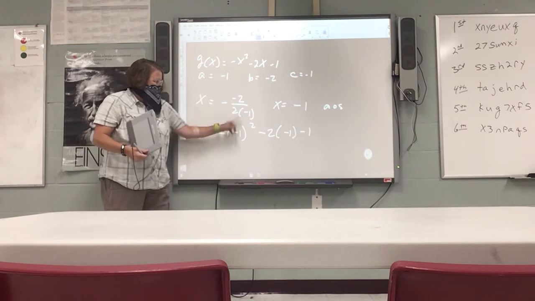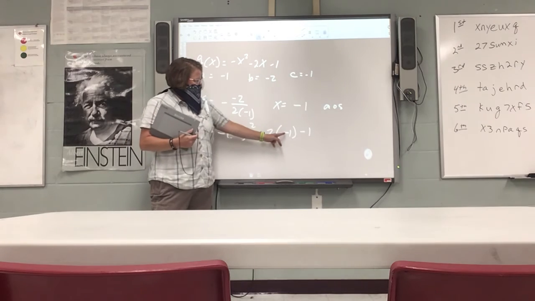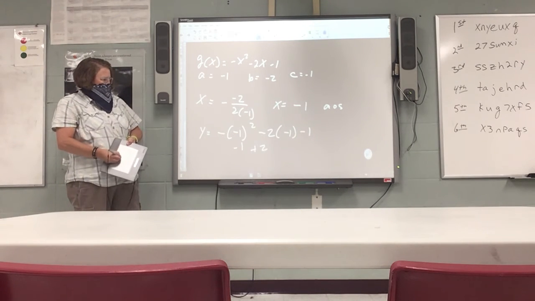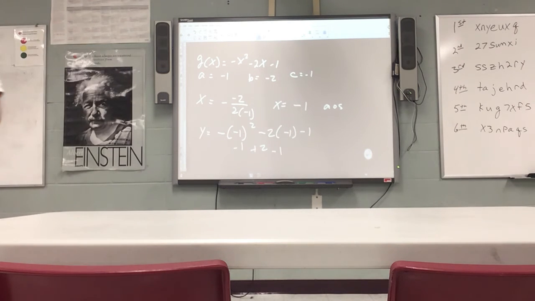So this piece is going to be negative 1. A negative times a negative is a positive, so that'll be plus 2. And then bring down my minus 1. So we've got negative 1 plus 2 is 1. 1 minus 1 is 0. So our vertex is negative 1, 0.